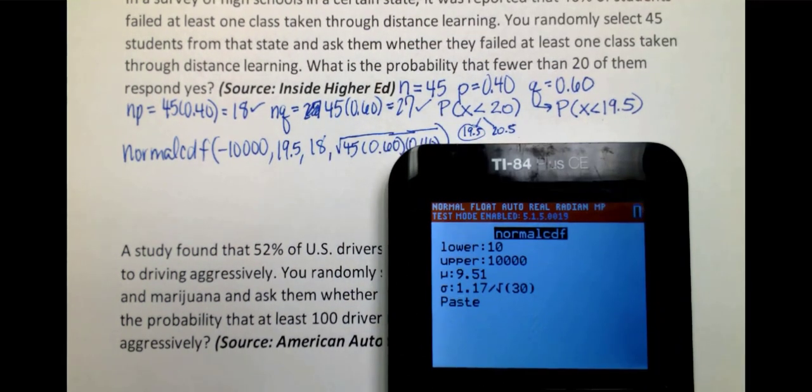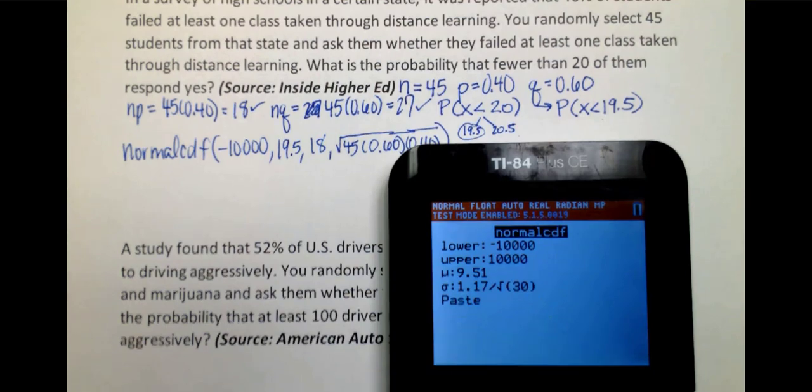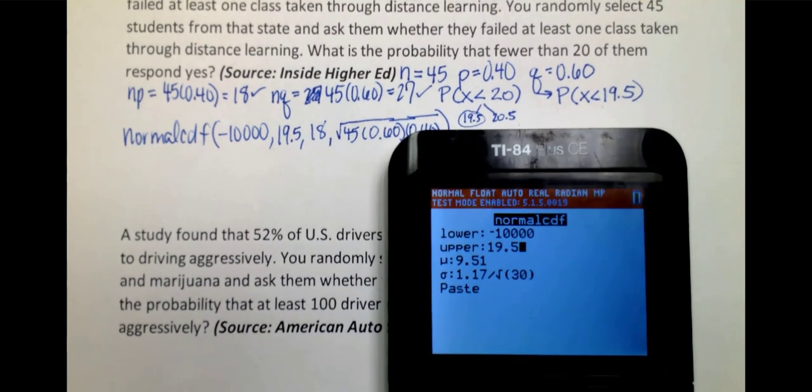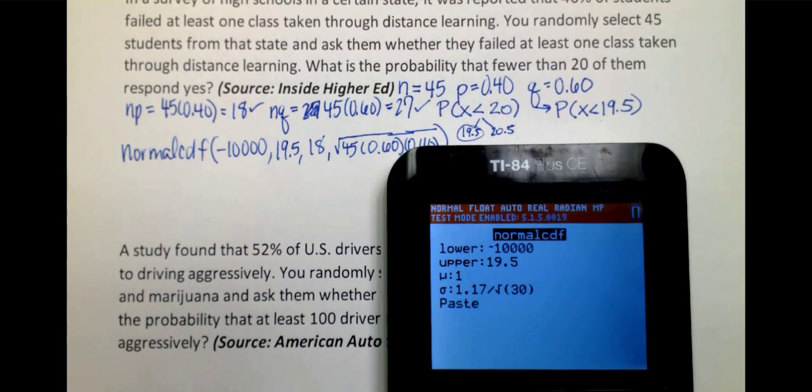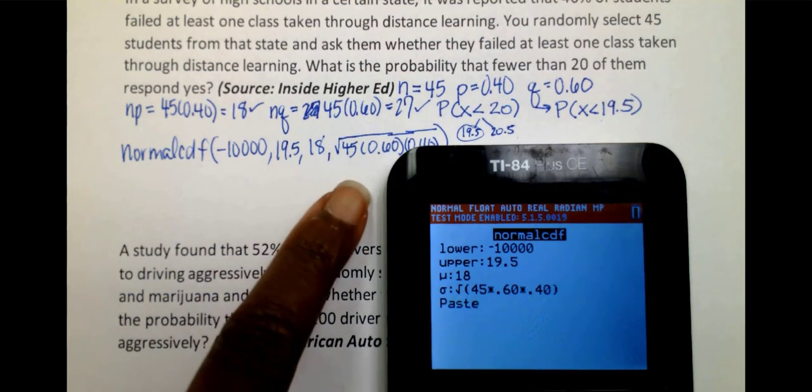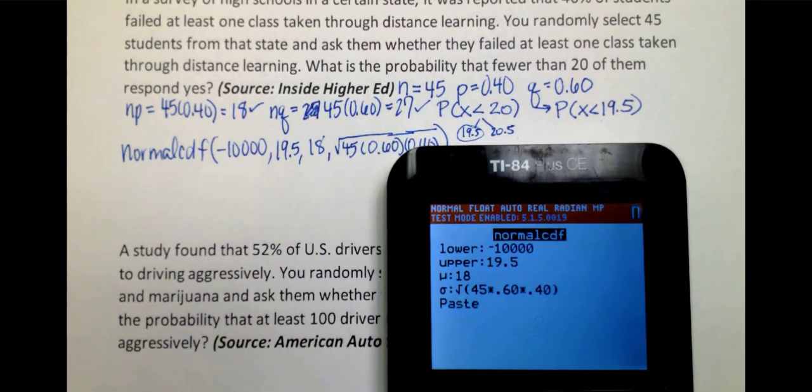Binomial problem, but we're using normal CDF to solve it. So negative 10,000. 19.5 is our boundary. Our mean, and you could put 45 times 0.40 in there if you like, and then the square root of 45 times 0.60 times 0.40. Again, I didn't put parentheses in the calculator because I really don't need them. I just needed them on paper so you can see that that was a decimal and not a multiplication symbol.